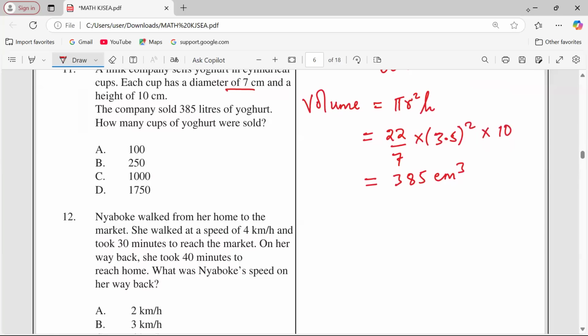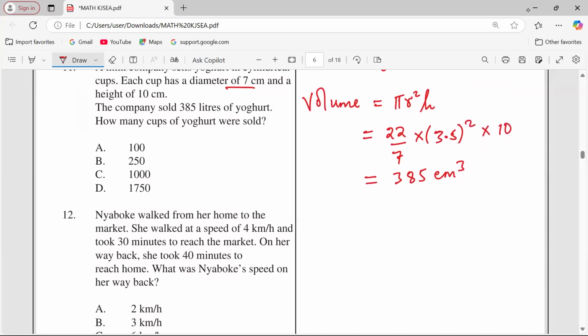This one can be converted into liters, or we can even convert the yogurt which was sold to cubic centimeters. It is already in liters, so we can make it cubic centimeters so that it is in the same units as the cup. So we can convert either.